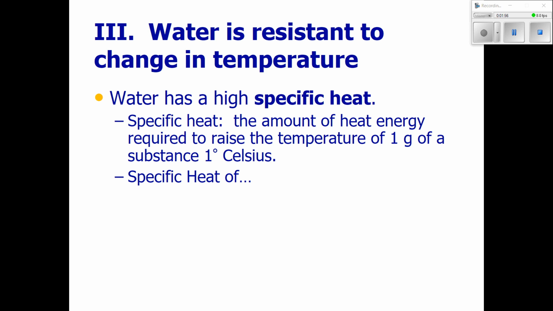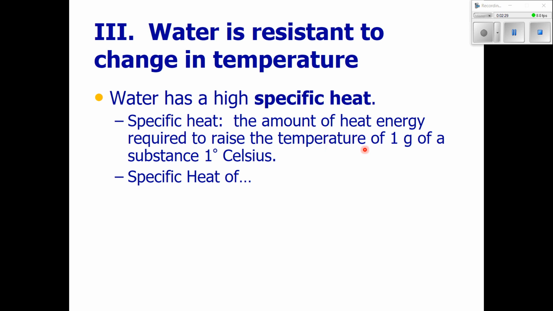But another way to say the same thing is to say that water has a high specific heat value. And this is kind of a chemistry term. I've given you the definition here. Specific heat of any substance, not just water, is the amount of heat energy required to raise the temperature of 1 gram of that substance.